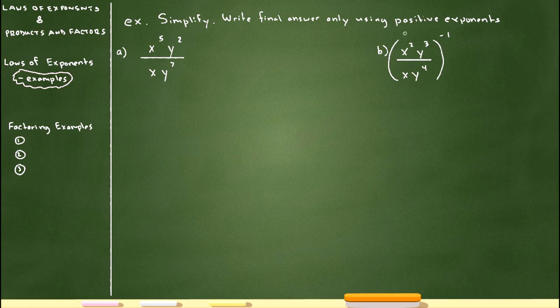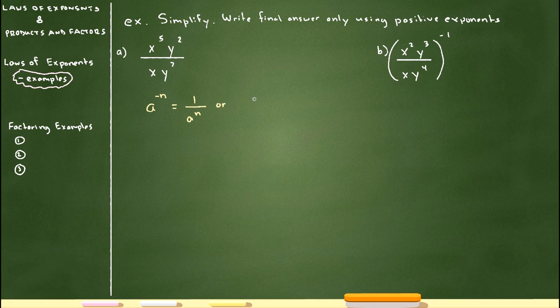So this is going to be practice with using a particular formula I discussed in an earlier video, which was: if you have a to the negative n, this is equal to 1 over a to the positive n.